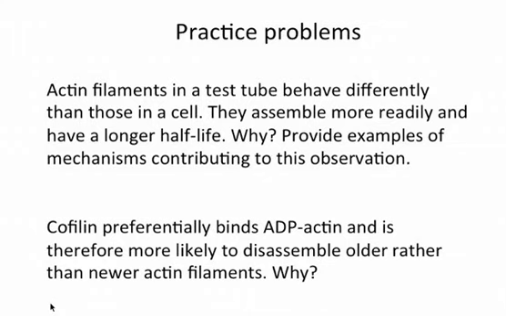So older actin filaments have ADP bound actin because, okay, guys, who wants to take a shot at this one? When the subunits join together and make the polymer, the ATP bound subunits become ADP bound, and so the older ones are the only ones with the ADP bound.